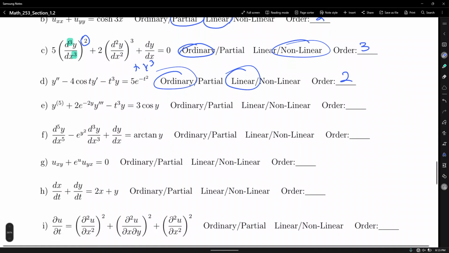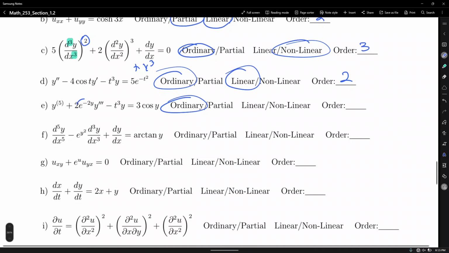Letter E, ordinary or partial? Ordinary. Linear or non-linear? Non-linear. It's kind of similar to the previous example, but what makes it non-linear? Any ideas? There's no y's in the coefficients of the derivative terms, and there's no powers of y's or their derivatives, not the case.